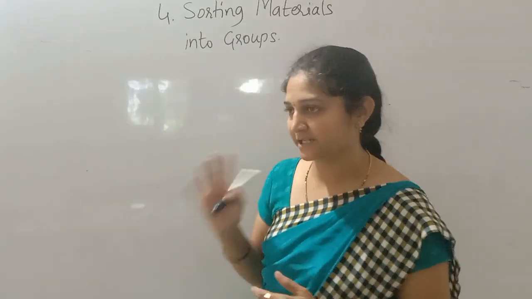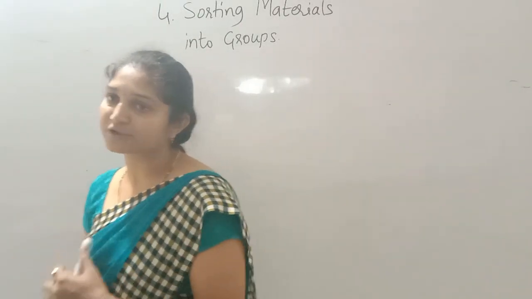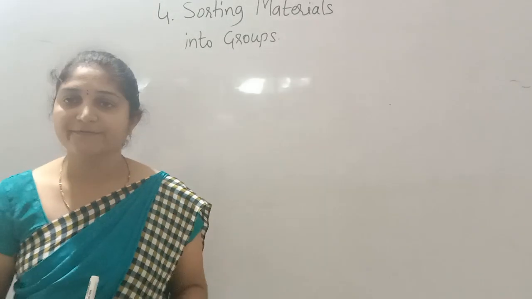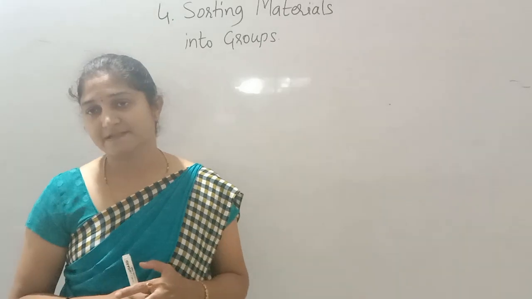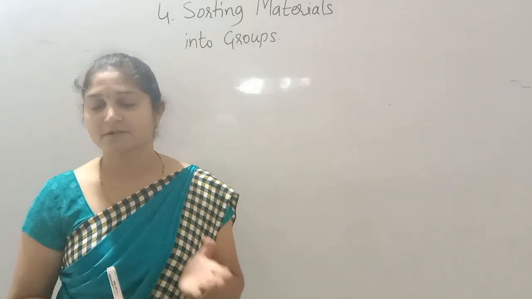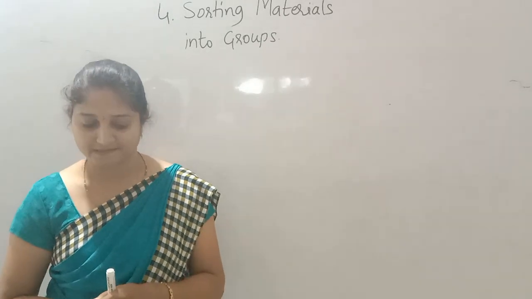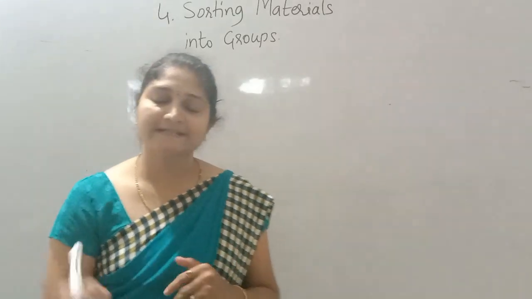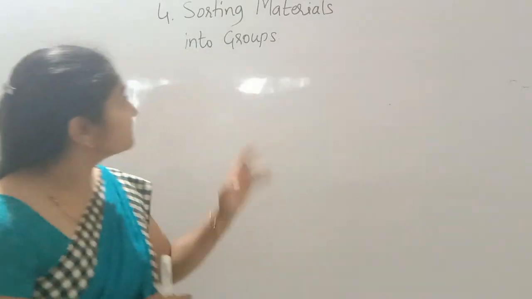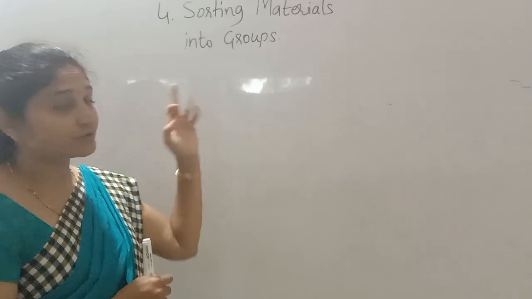That's also material. And in fiber to fabric, the different fabrics, the animal product or plant product we discussed. Right? So let us consider now in this chapter sorting materials into groups.